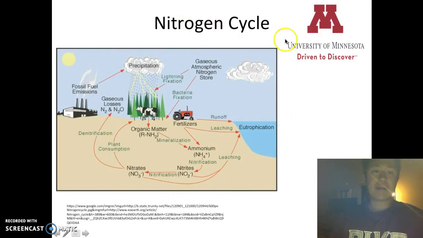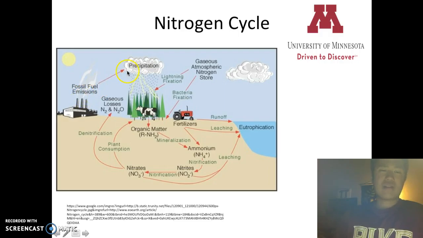So let's look at this diagram. This is a typical nitrogen cycle diagram. Just like I mentioned in the carbon cycle video, if you were to ignore the fossil fuel emissions, this is the natural cause of the nitrogen cycle. Before agricultural life was huge on Earth, this would not have been here.